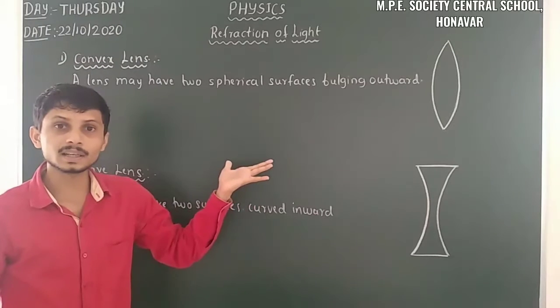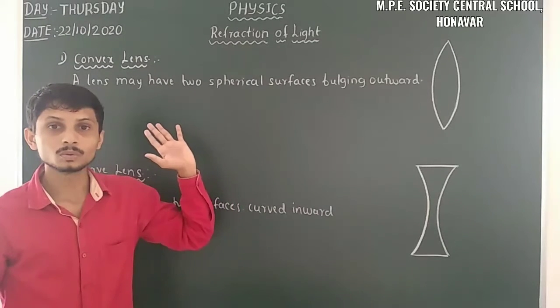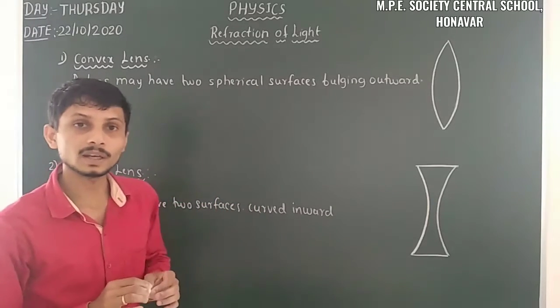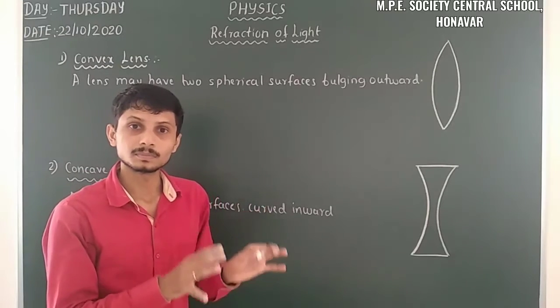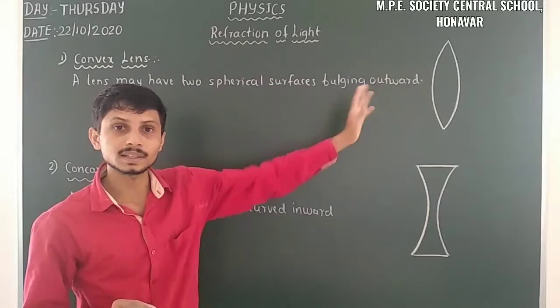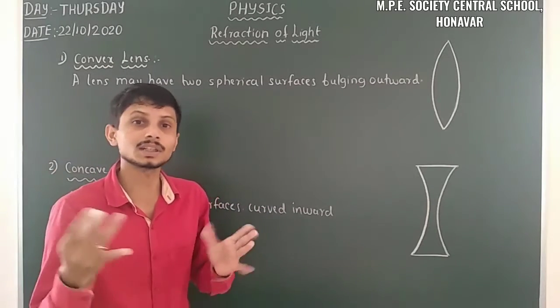Then let us look at how rays behave in these two lenses. When light passes through the convex lens and the concave lens, an infinite number of rays pass through the transparent material.